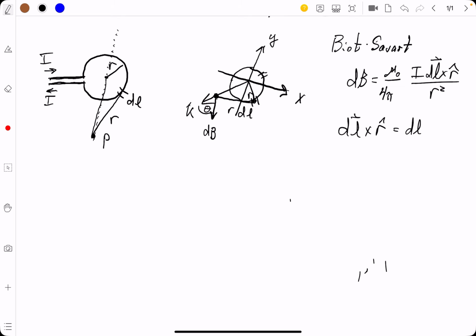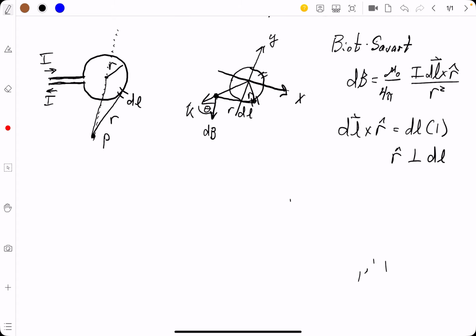So it's really just dl times 1. r hat is perpendicular to dl. Everyone knows. Good. You can see that.